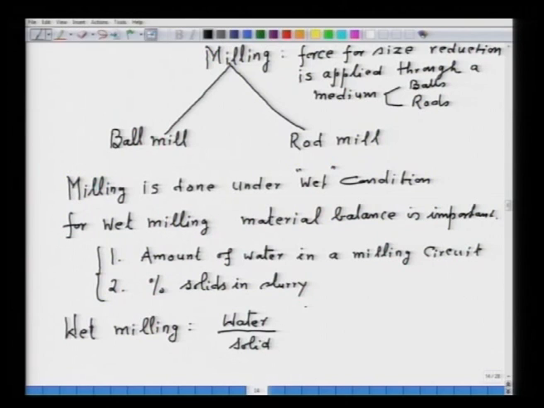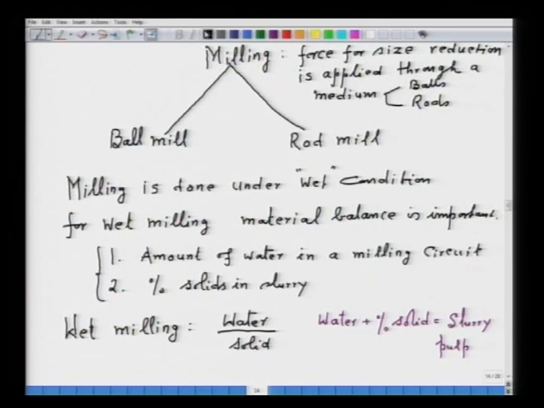As you all know, water plus percent solid, this mixture is called a slurry. Sometimes you may also call it a pulp. Both names convey the same thing, slurry or pulp.